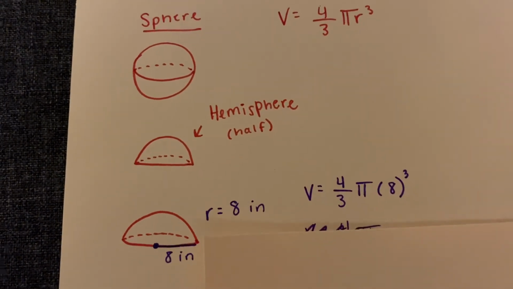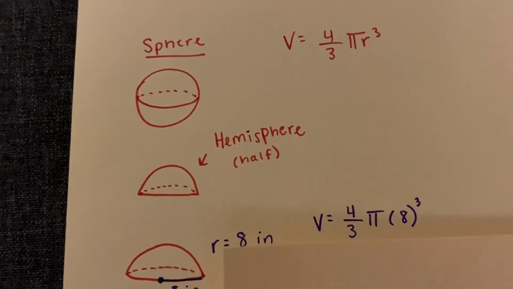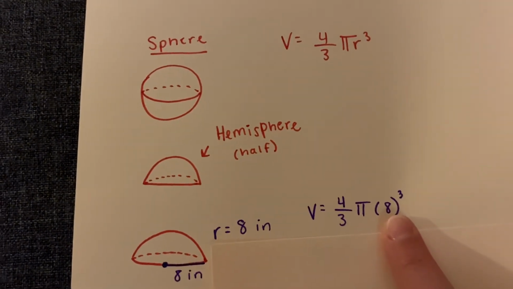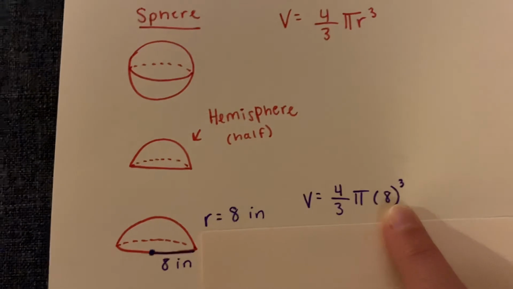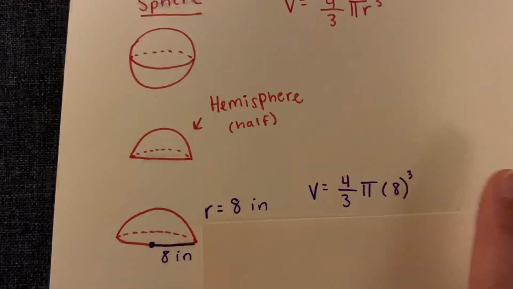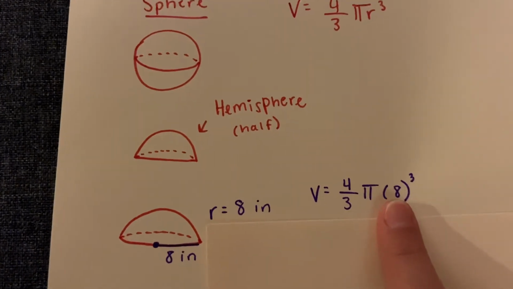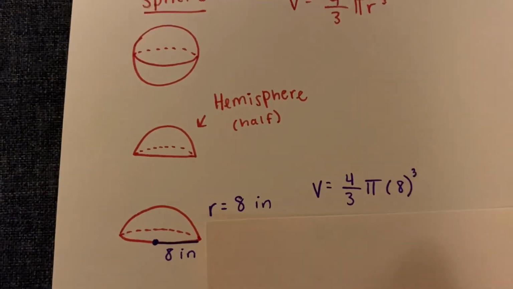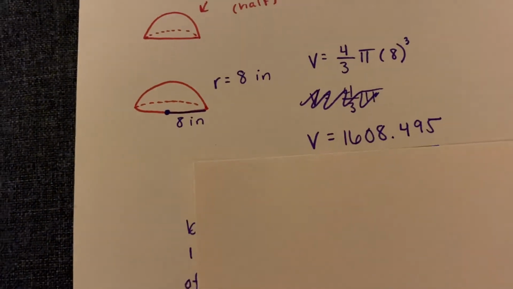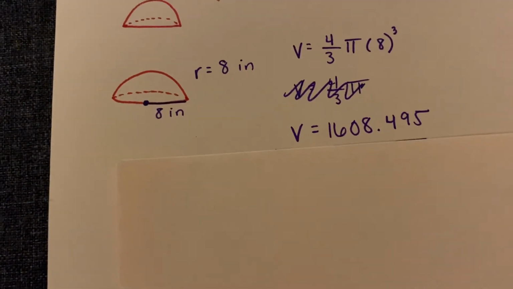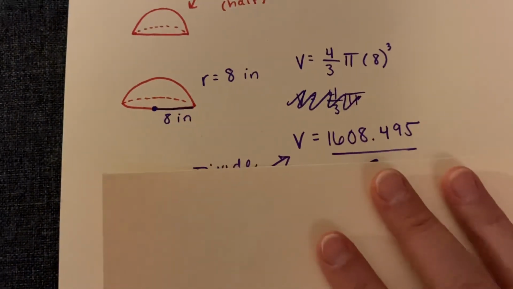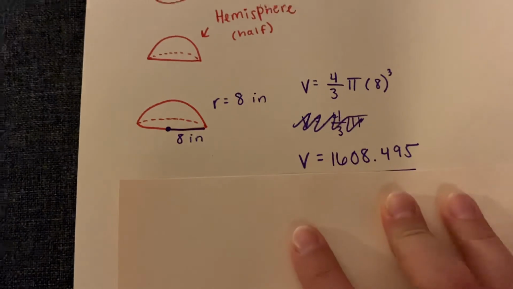So to do that, the equation is up here. We just plug in 8 for the radius. Boom. There you go. If they gave you the diameter, you would just divide it by 2 and get this number, but this is the radius, it's 8, and you just plug it in. So then when you do that, you end up getting 1,608.495, but that's as if it was a full sphere, like an actual basketball or something.